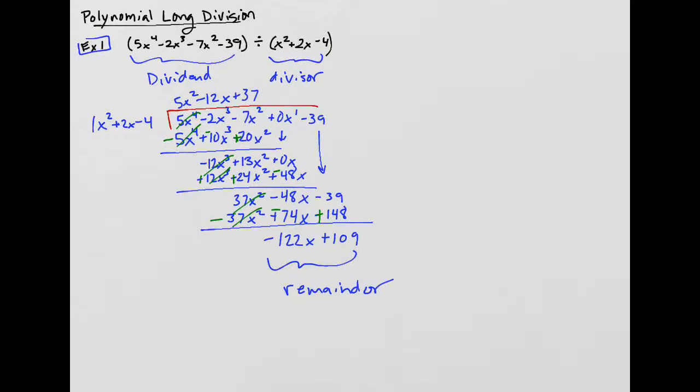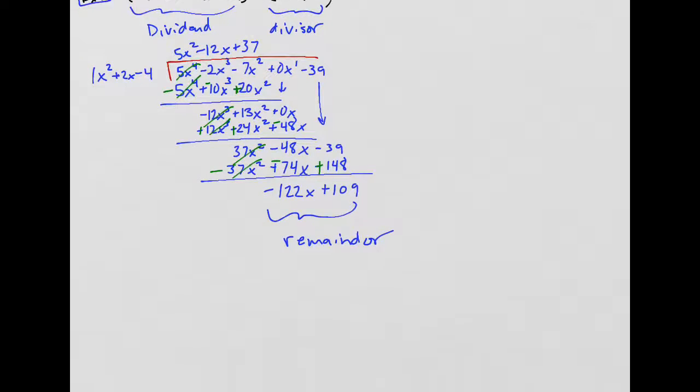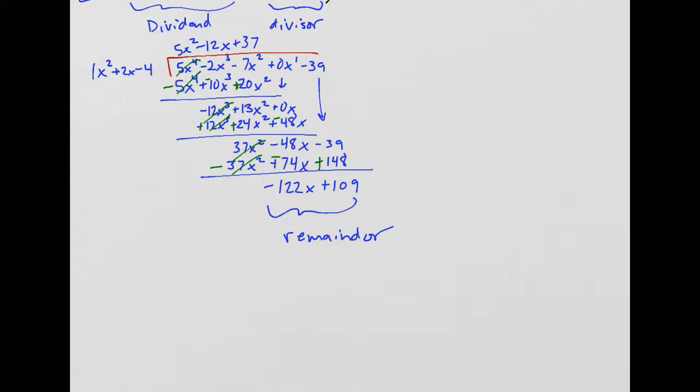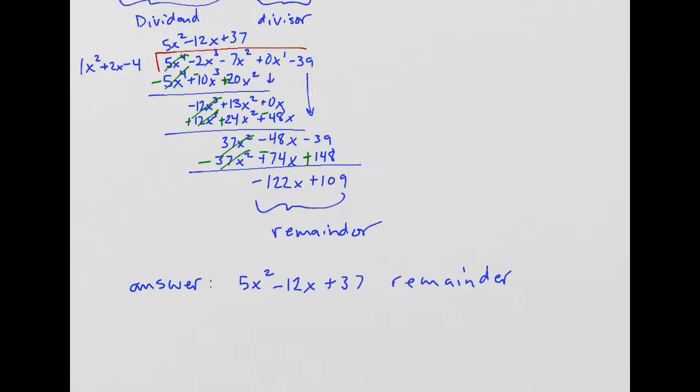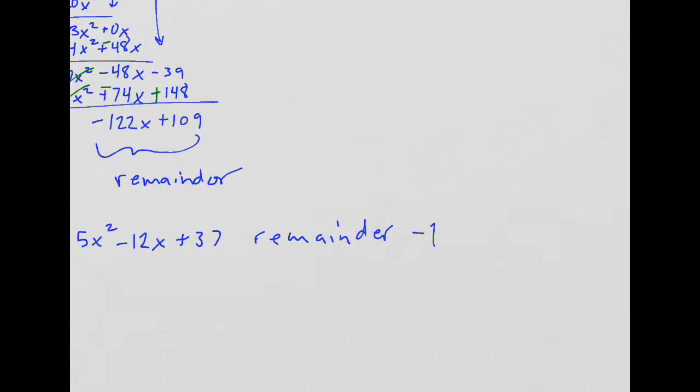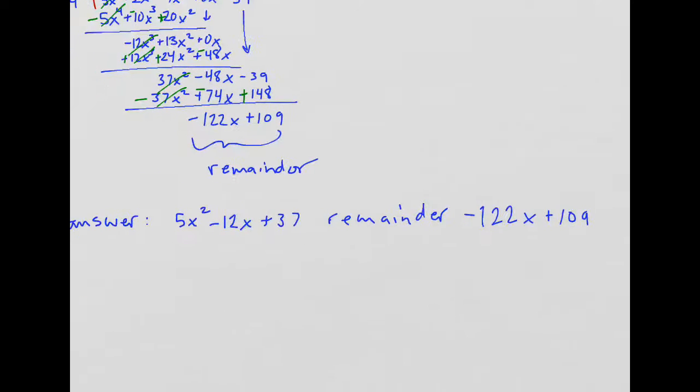So, what's the answer here? It's the quotient. There's two ways to write it, and we're going to write it one of these ways. So first you write the quotient, and then you say remainder, and then you write down the remainder, negative 122x plus 109. Great.